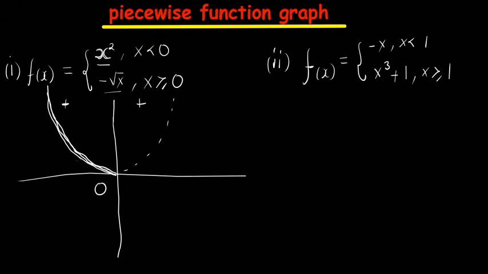Now at the point where it is starting, they didn't say including 0. Since they didn't say including 0, you draw something here to show that it's not including 0. So you write like this, short.